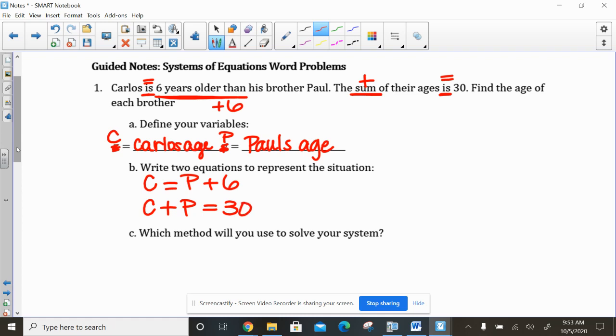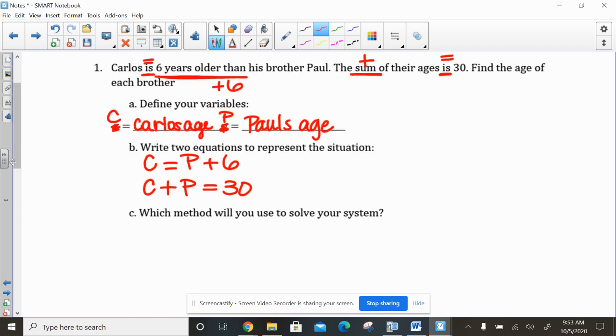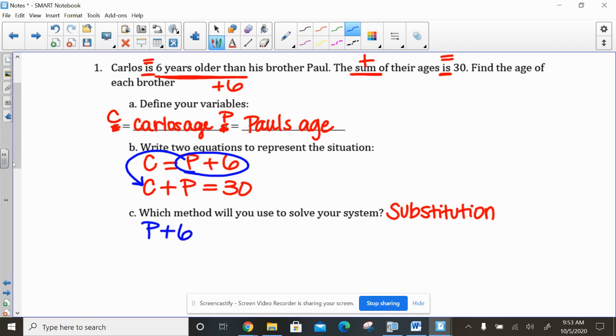Since I have one equation that is already solved for C, I'm going to use substitution in order to solve this problem. To do that, I'm going to take this P plus 6 and plug it in for this C. So that's going to make me have P plus 6, and then bring down the plus P equals 30.